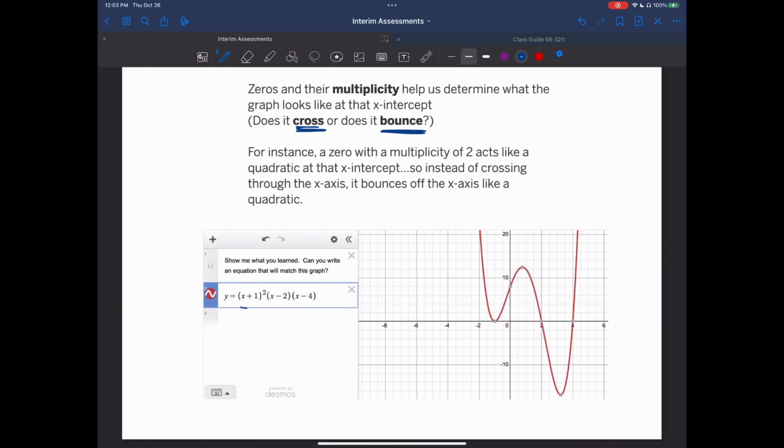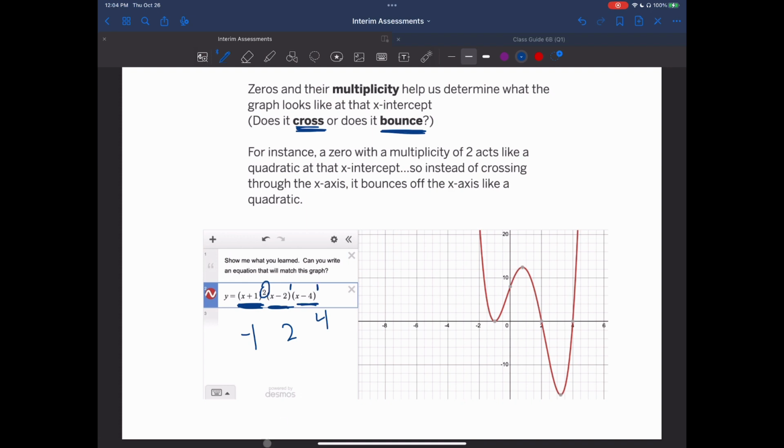So for this factor, I would say -1 is one of our solutions, and it has a multiplicity of 2. I would say 2 is one of our solutions and it has a multiplicity of 1. That's what we would call it because there's technically a 1 exponent out there. And then this one would be a solution of 4 with a multiplicity of 1 also.